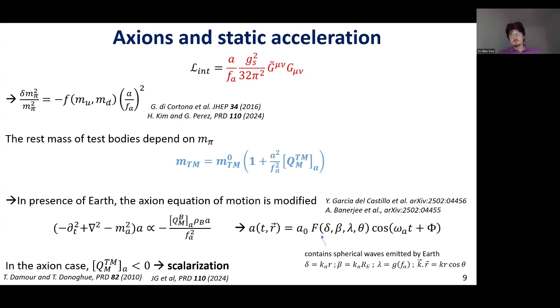And so basically, you can show that the total axion field amplitude is modified. So you have the usual amplitude that is related to the local dark matter energy density, and then you have a function that contains the spherical waves, and that basically depends on the incoming wave velocity. And so in the axion case, this Q parameter, which again tells you how the mass depends on the axion field, is always negative due to the negative sign here. And so we have a scalarization effect, so the amplitude is actually amplified.